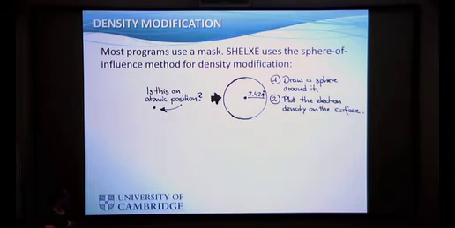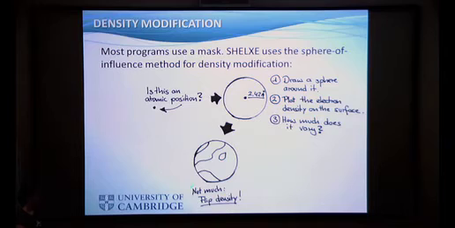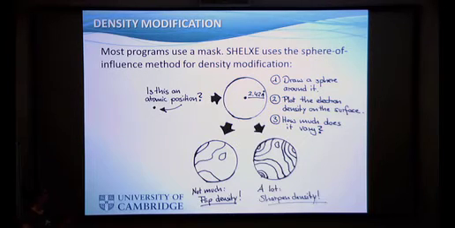We plot the electron density on the surface of the sphere, and we look at how much it varies. If it doesn't vary very much, we flip the density. All the positive peaks become negative, or the negative peaks become positive, and because of some calculation that we do later, after a few cycles, this will end up in a flattened area.